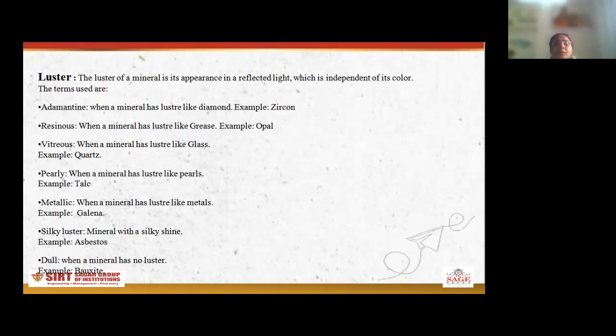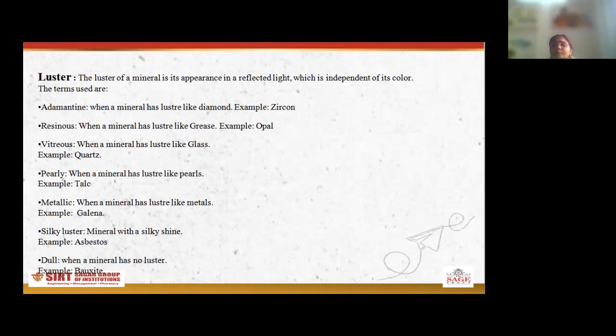First is adamantine: when a mineral has a luster like diamond, a brilliant, bright luster. Example is zircon. Resinous: when a mineral has a luster like grease, dull with some shine. Example is opal.